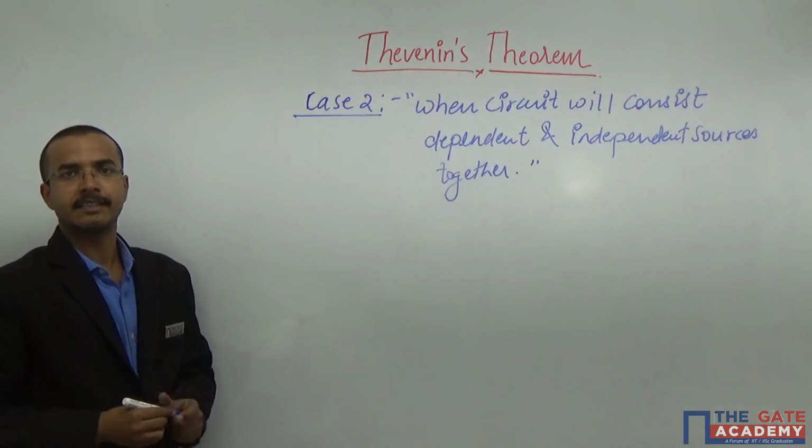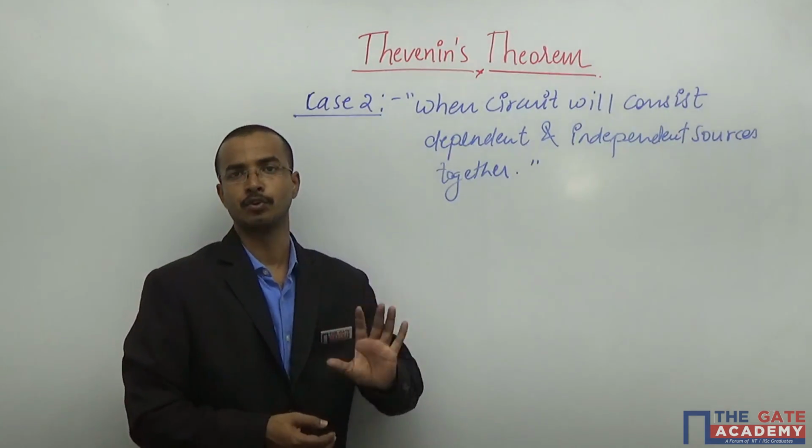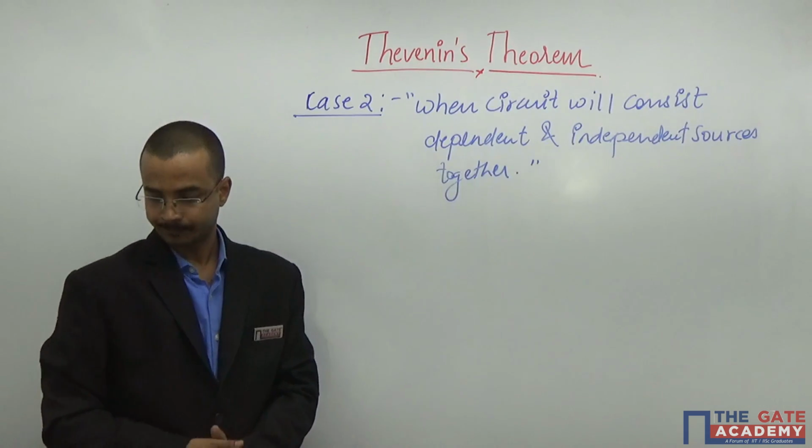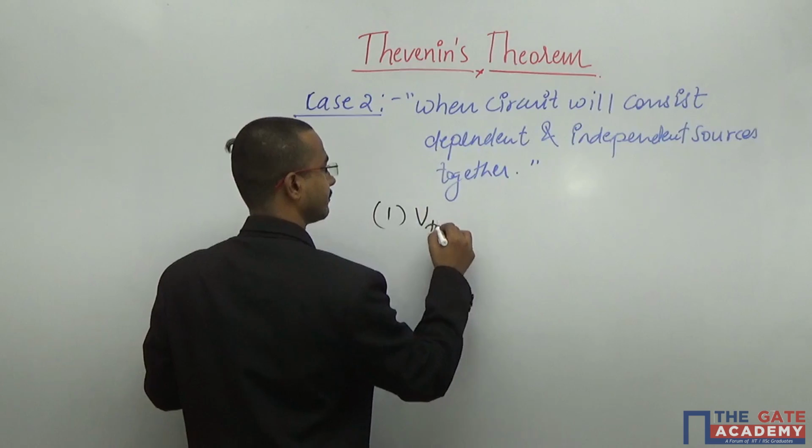This is my second case. That means my circuit will consist of independent as well as dependent sources. Then the first one is the VTH calculation.